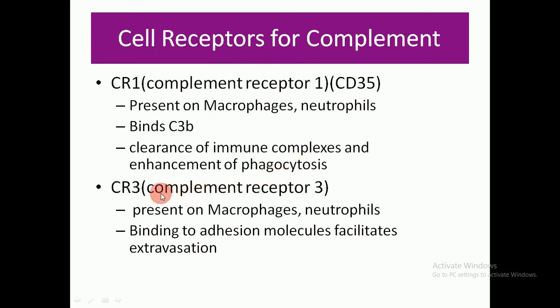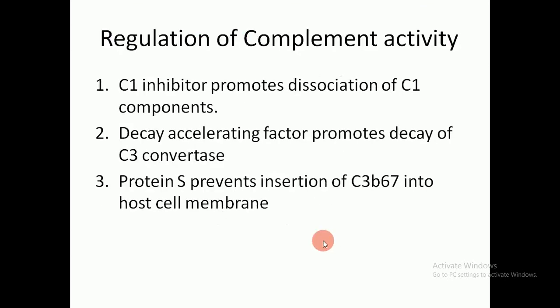Another receptor is complement receptor 3, which is present on macrophages and neutrophils, and binding to adhesion molecules facilitates the extravasation of neutrophils and other immune cells.